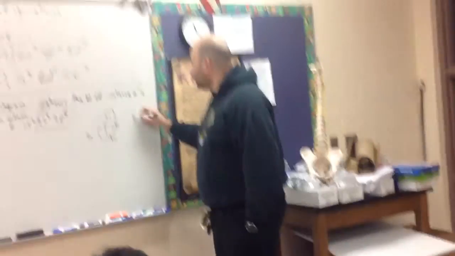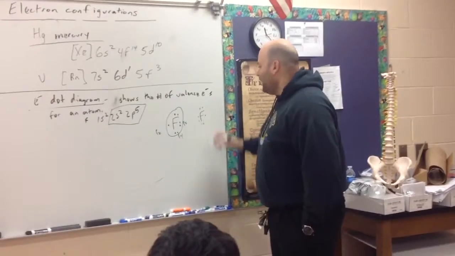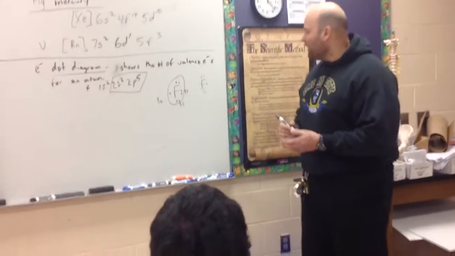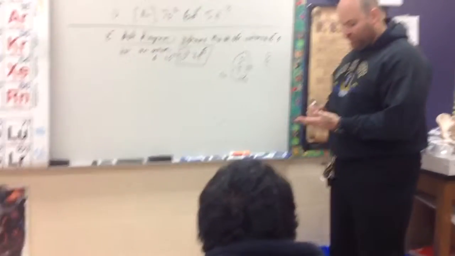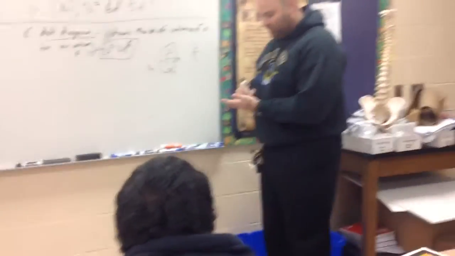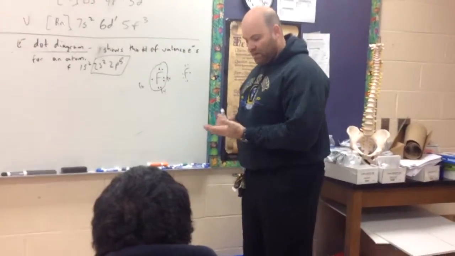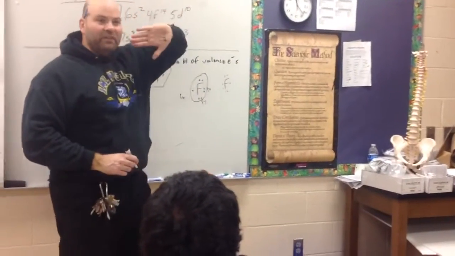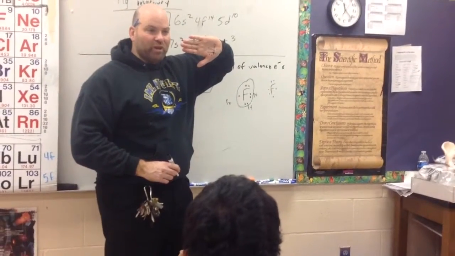Now, this would also be acceptable. And you have to realize that all it's doing is, if I write this down on my hand and I do this, it's still the same structure.